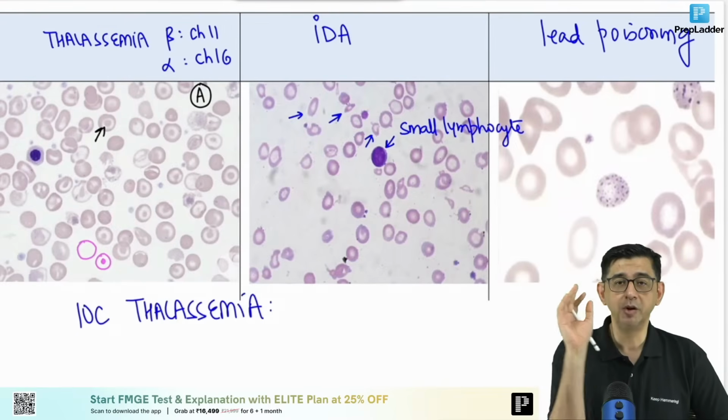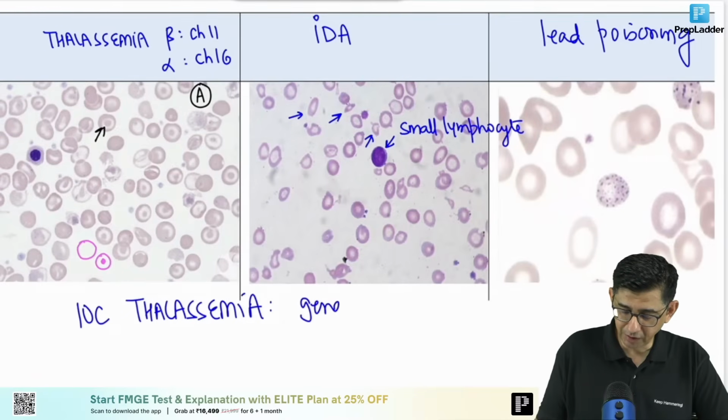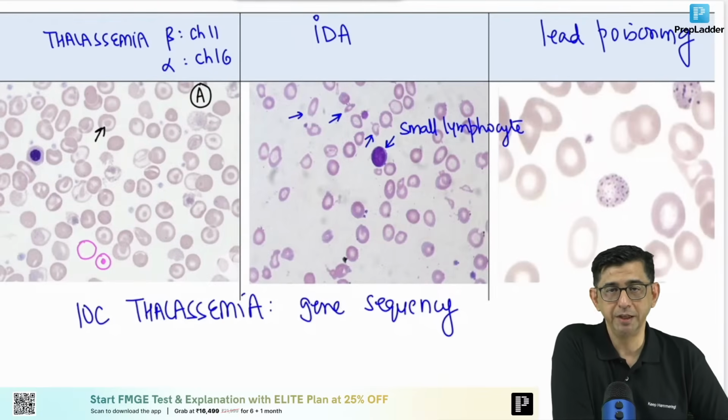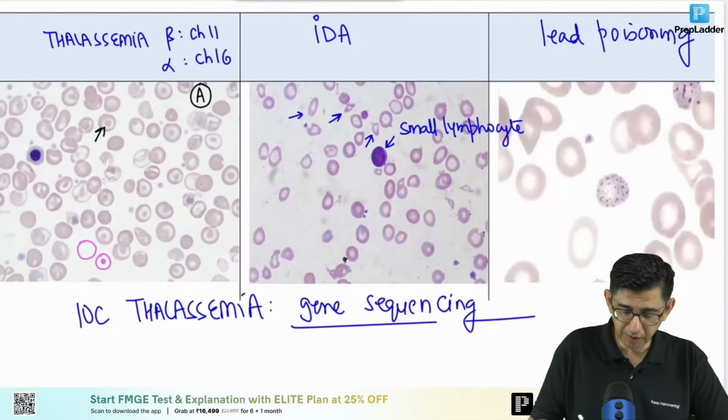Guys, I have told you many times that the investigation of choice for any genetic disorder nowadays is gene sequencing. It is not HPLC, it is not hemoglobin electrophoresis, because there can be errors in the reports. Please add this to your notes: the investigation of choice for diagnosis of thalassemia is gene sequencing. What gene is involved in beta thalassemia, by the way?